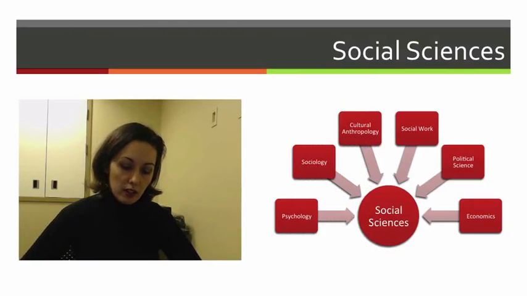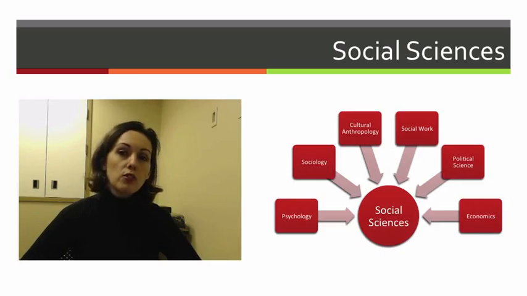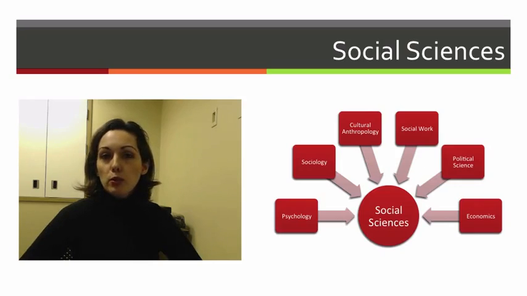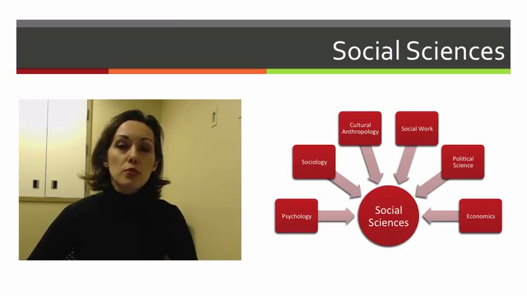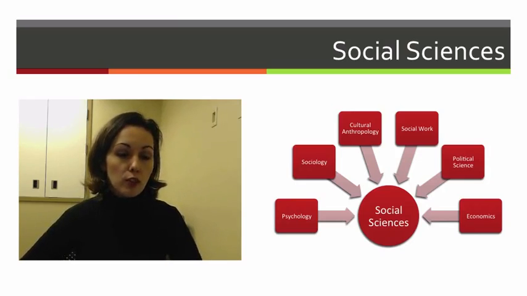It is an umbrella term for a number of disciplines that mainly examine human behavior, look at human culture, societies. So they are the kind of people whose unit of analysis is people and what people do and how they behave and the kinds of groups that they form and the cultures that they develop.